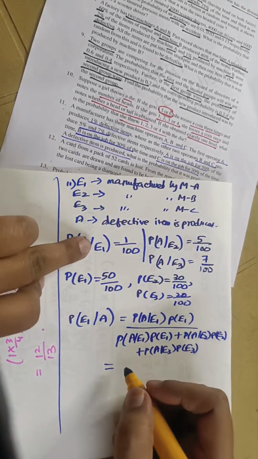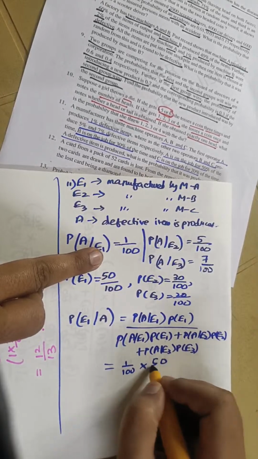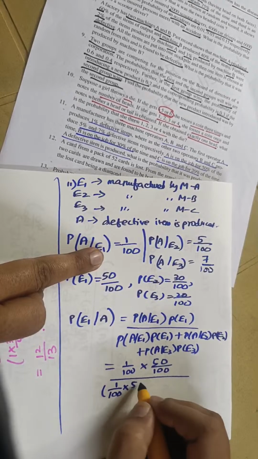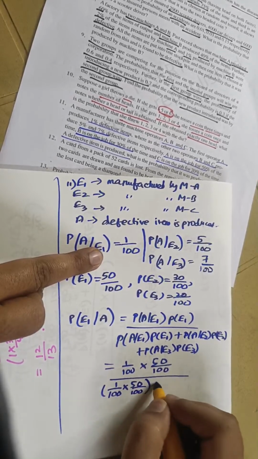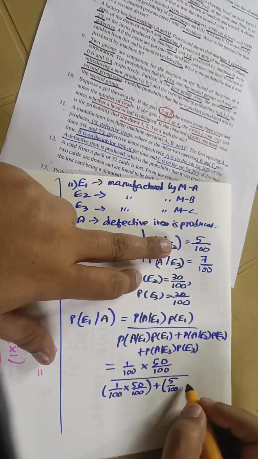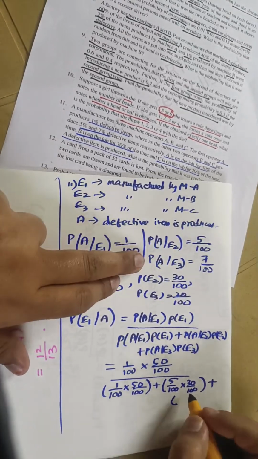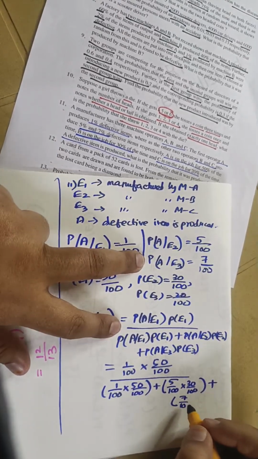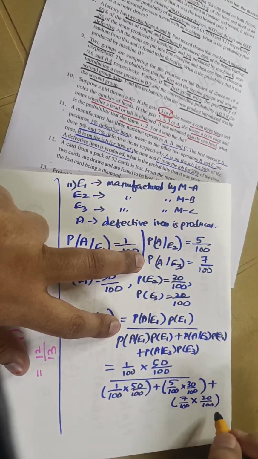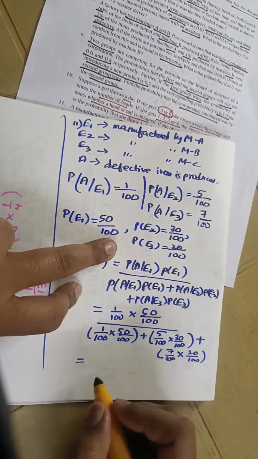The value will be P of A slash E1 is 1 by 100 into P of E1 is 50 by 100, by the same terms for the first, 1 by 100 into 50 by 100 plus P of A slash E2 is 5 by 100, E2 is 30 by 100 plus P of A slash E3 is 7 by 100 into 20 by 100, P of E3. Don't cancel the hundreds because the denominators are same. It is easy for us to calculate.